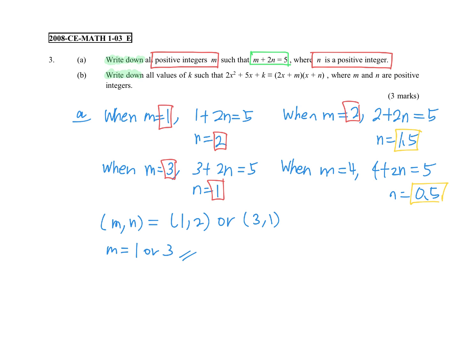Okay, and then for part B, the question wants us to find the values of all k such that we have this identity. The left hand side is the expanded form, which will be a quadratic expression, and for the right hand side, there will be 2x plus m times x plus n.